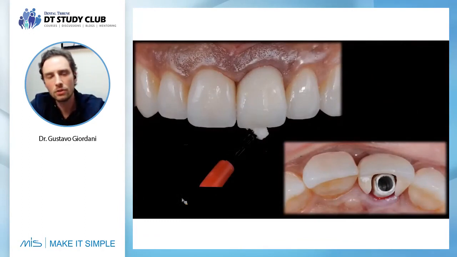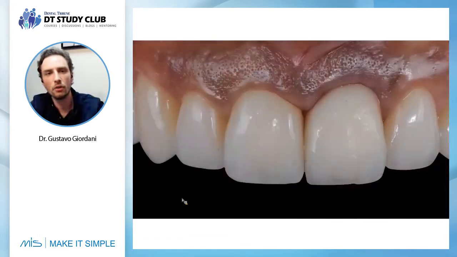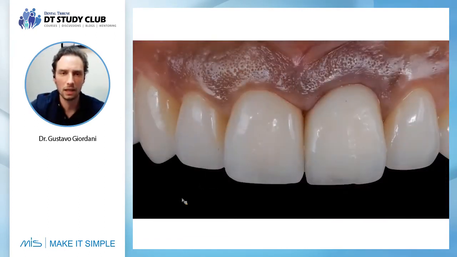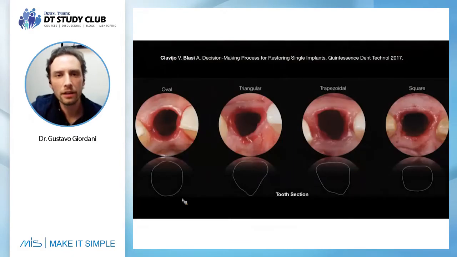And then we try to use an old crown or try to create a good provisional by doing undercontours and these kinds of things. But the problem with this is you are trying to do the emergence profile with your head. What I learned from Victor is that when you extract a tooth, you have different tooth sections.